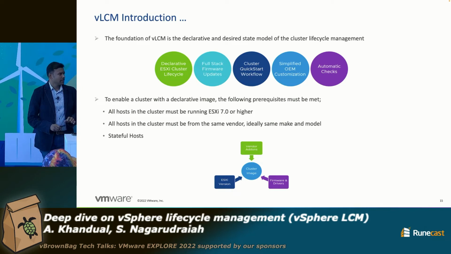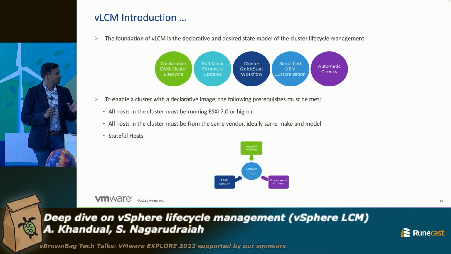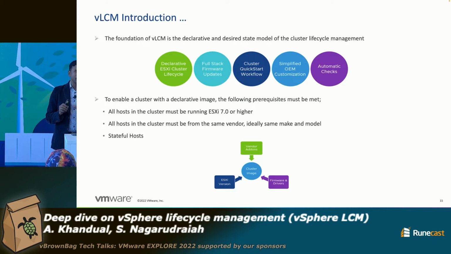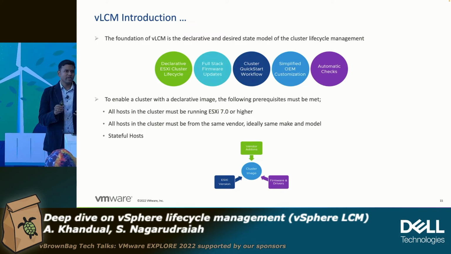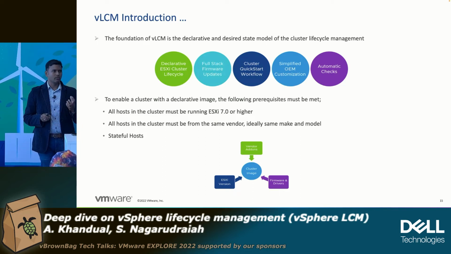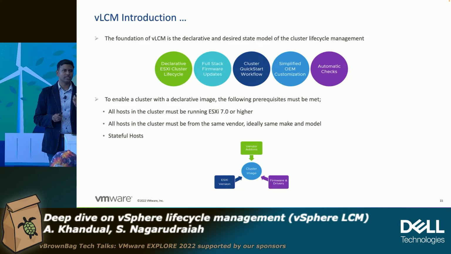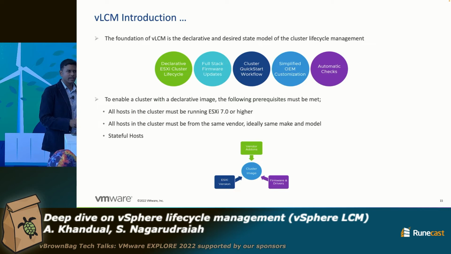What is vLCM? These are the 5 different traits using which you can explain vLCM. One is your declarative image. A VI admin has their own control over what kind of image they need, which is not available in Update Manager. As a VI admin managing my data center and LCM, I need to control what ESXi version I need, what firmware update I need, and what custom add-on I need, and then create a custom image out of it.